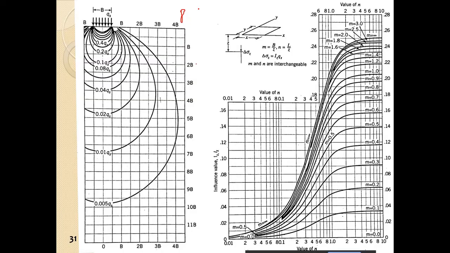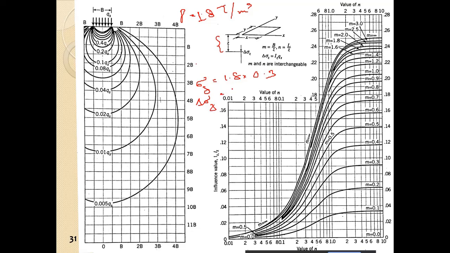Now the unit weight of the soil is given as 1.8 ton per meter cube. So unit weight into the depth, that is already sigma z. So sigma z is equal to 1.8 into 0.3. What is delta sigma z?